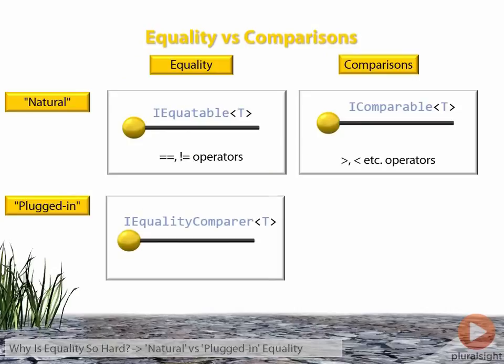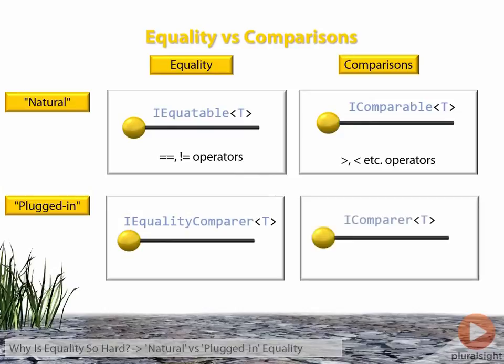And separately, you can write what are known as comparers. These implement a different interface called IComparer of T, and are used to provide alternative criteria for ordering instances of T. And obviously later in this course, I'll show you how to implement all these interfaces.